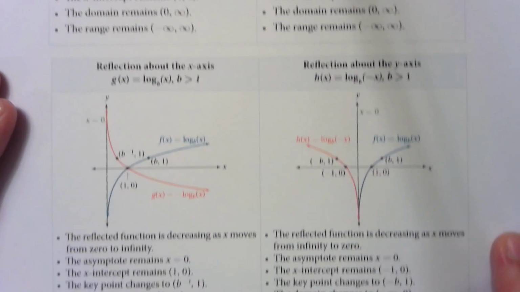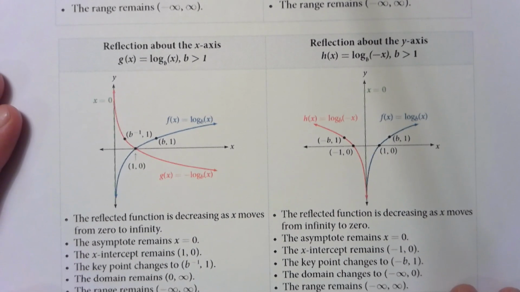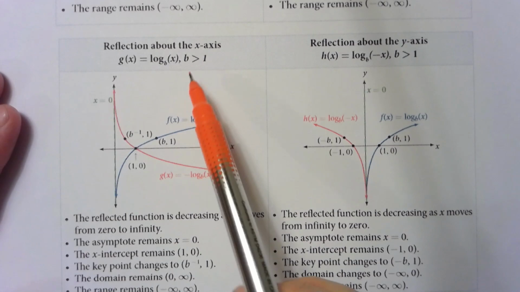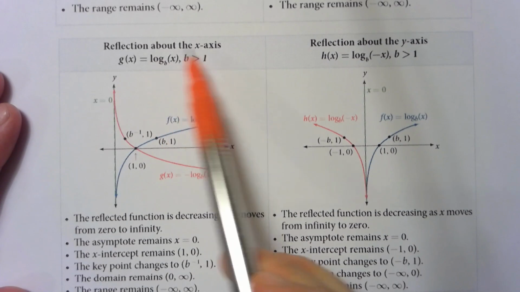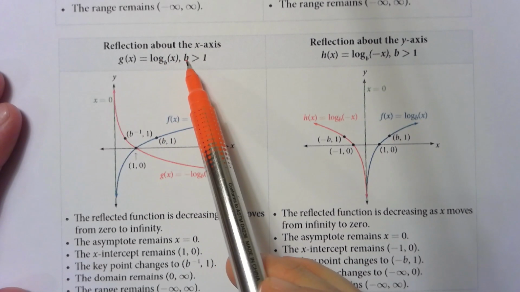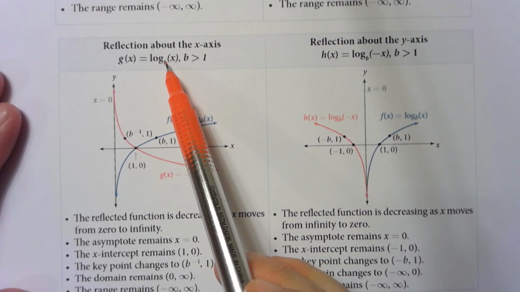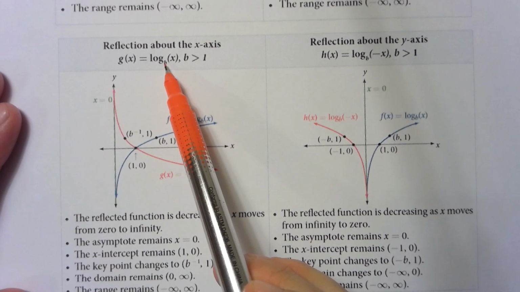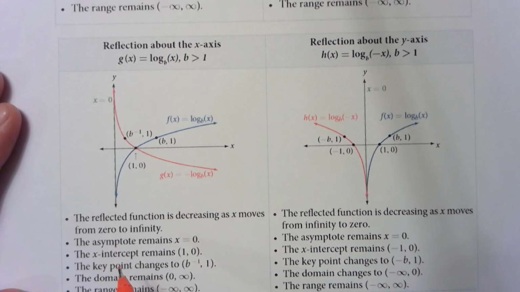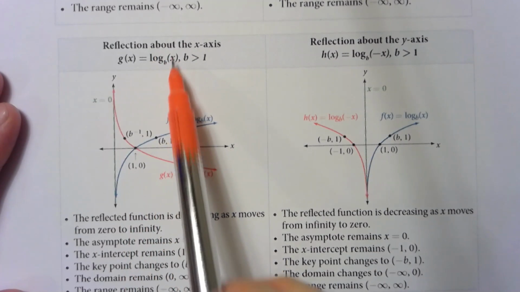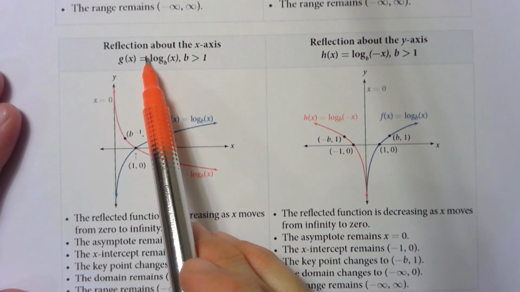Then we have reflections involved. Looking at our function, this says if b is greater than 1. Actually, it's going to reflect about the x-axis if there's a negative here.